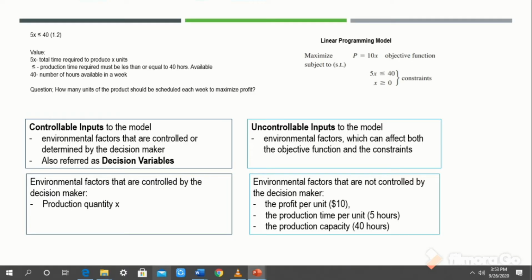And then ang production capacity, 40 hours ra ang available every week. So dili na siya mausab. That cannot be controlled. So ang imo rang ma-control is ang quantity nga imuhang ma-produce.